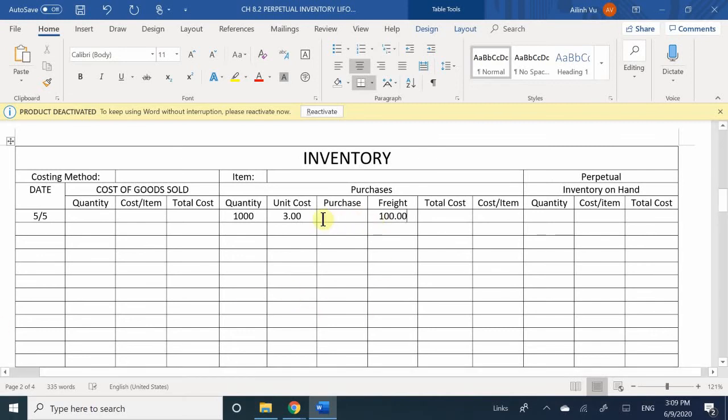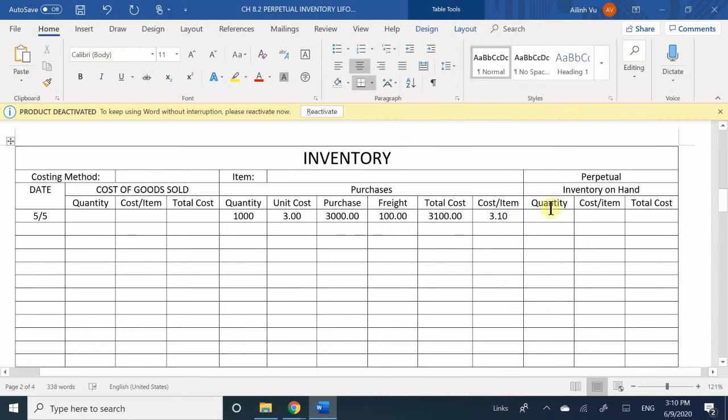Andrea, you said this was $3,000, right, and our total cost is going to be 3,100. The cost per item is $3.10. Exactly.